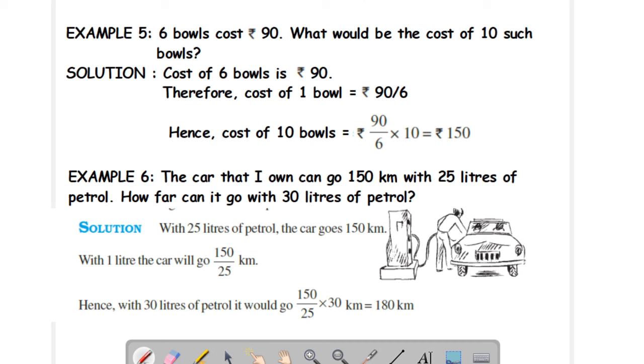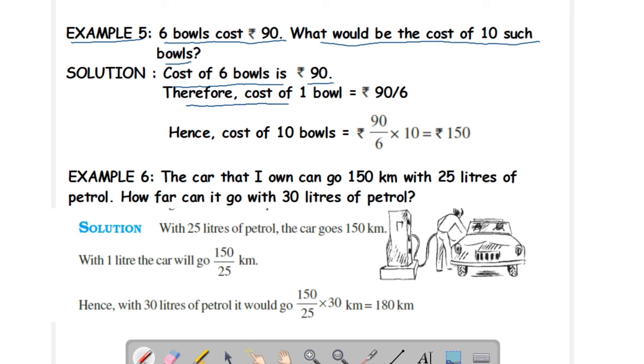Now come to example 5. Here 6 bowls cost rupees 90. What would be the cost of 10 such bowls? Here we can use the unitary method. To see the solution, the cost of 6 bowls is rupees 90.